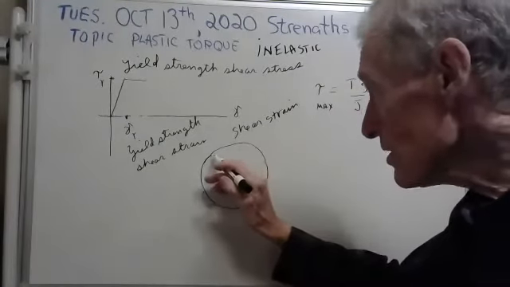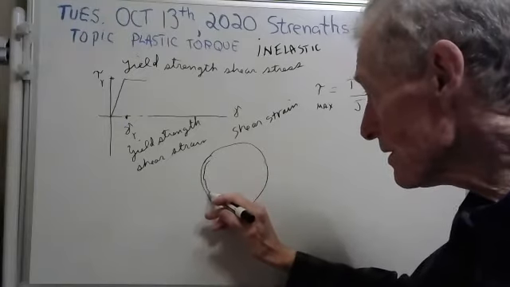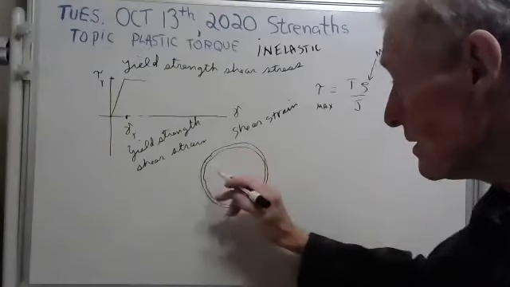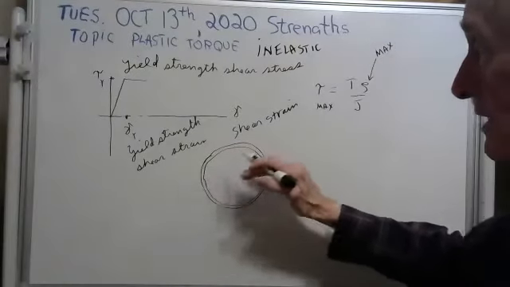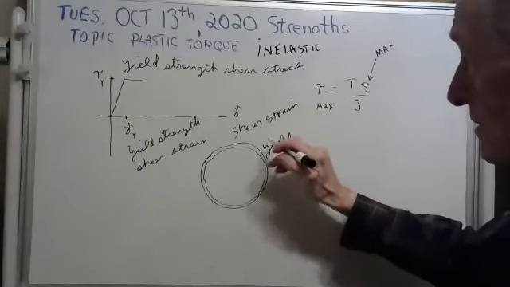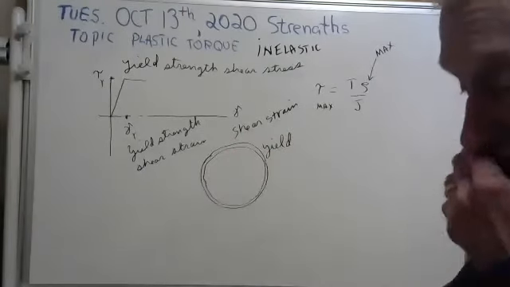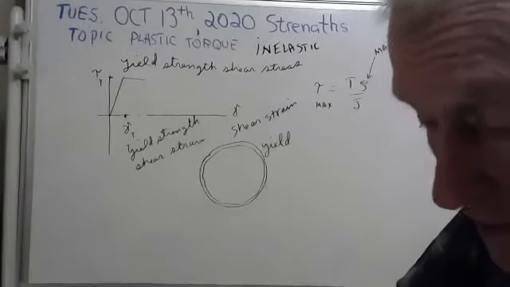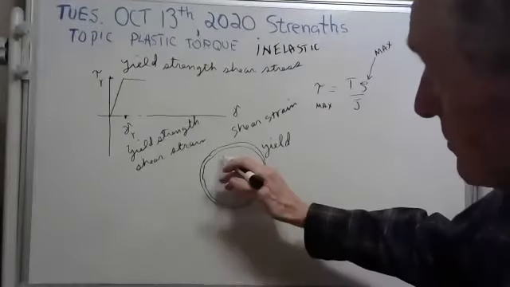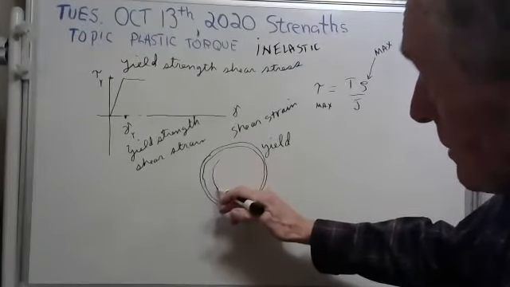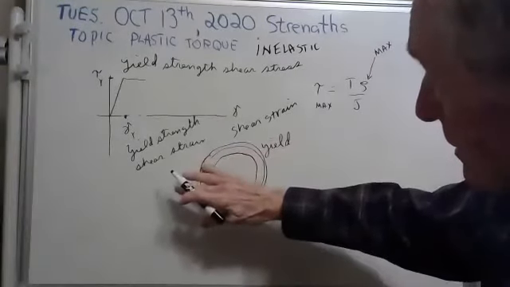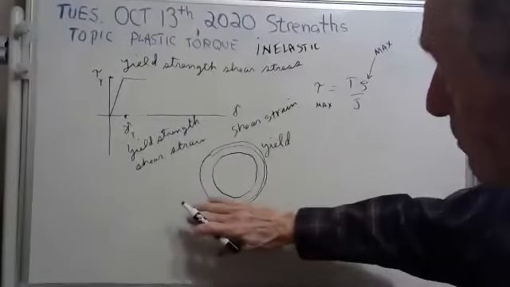So what happens is you start picking up a thin outer ring here, you might call it, that yields. See, it yields in this outer ring. Now, if you keep increasing the torque on this rod, this thing grows, and you get a bigger region of what they call the plastic region.